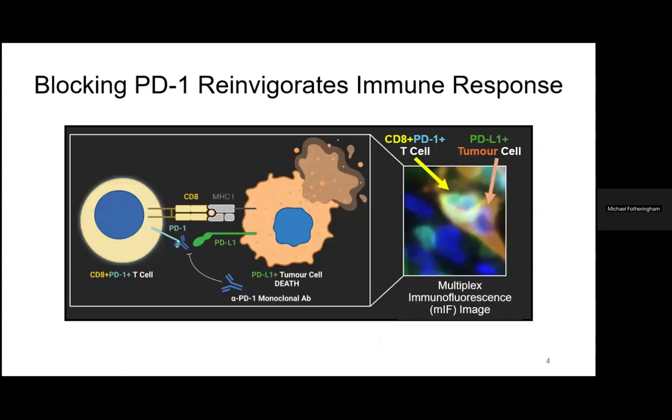One mechanism they use is the PD-1, PD-L1 pathway, where tumor cells, such as this big orange blob, may upregulate PD-L1, which stands for programmed death ligand 1, which will bind PD-1 on, in this case, a T lymphocyte, initiating anergy in the T cell. But we can block this interaction with an anti-PD-1 monoclonal antibody, thus resulting in the tumor's death.